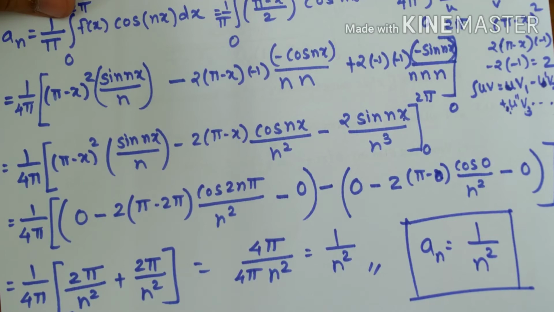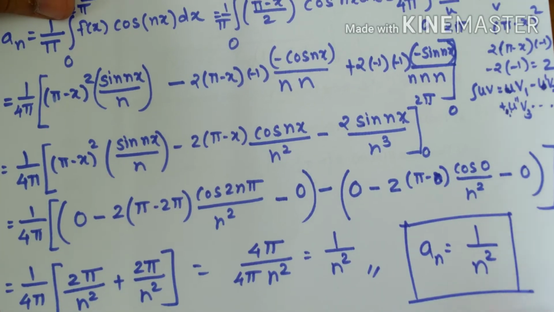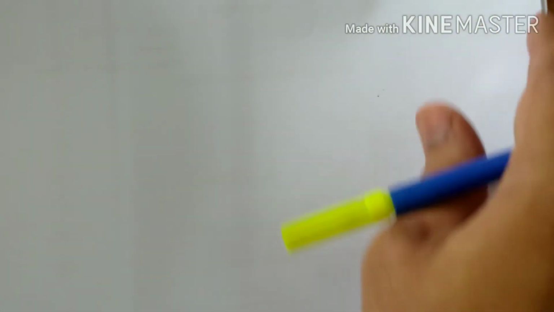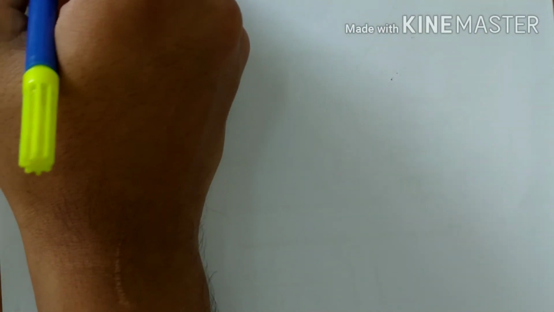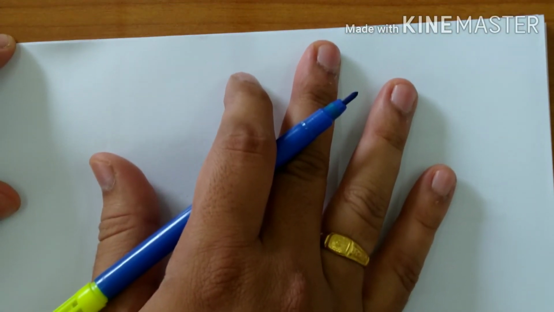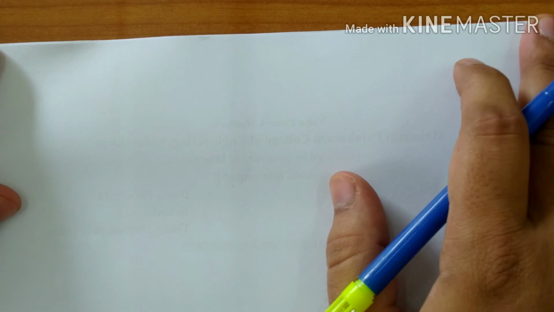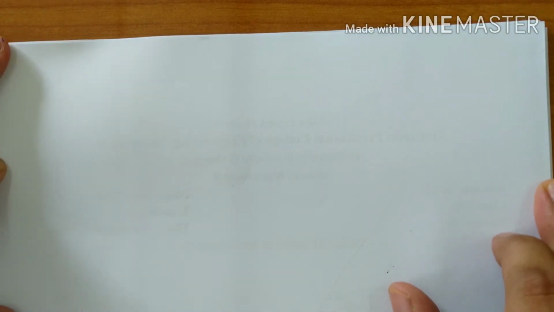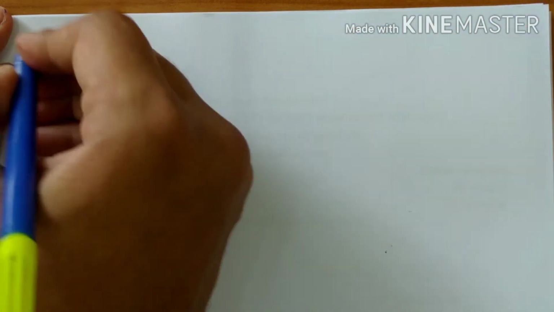Is this okay? Now we are going to derive the next value, that is Bn. What is the formula for Bn? Yes, can anyone tell me? Yes, correct.